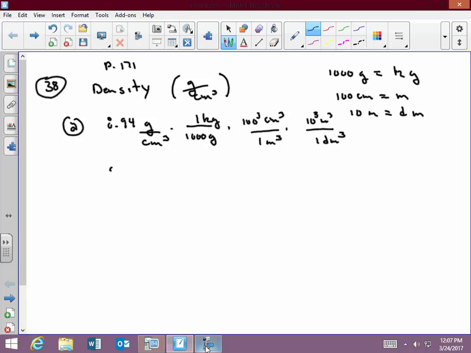So that would be, we'll have the unit cancellation. We've got it. So then we have 100 cubed times 10 cubed over 1,000. And then we'll have it in kilograms per decameter cubed.